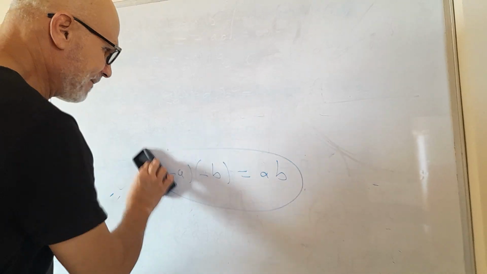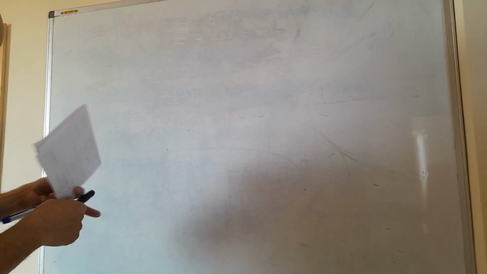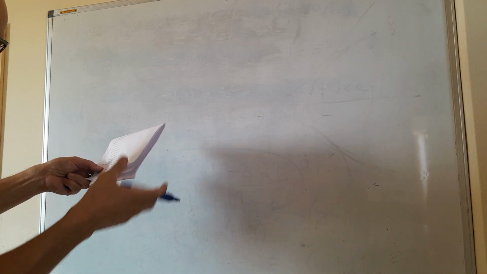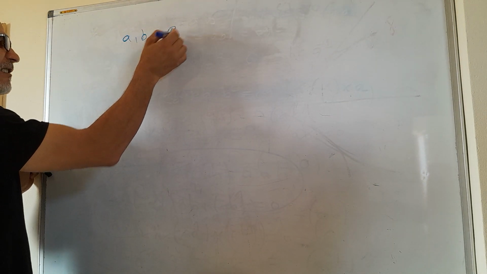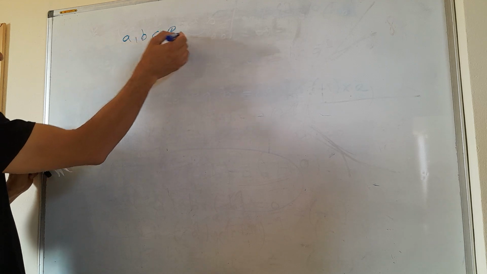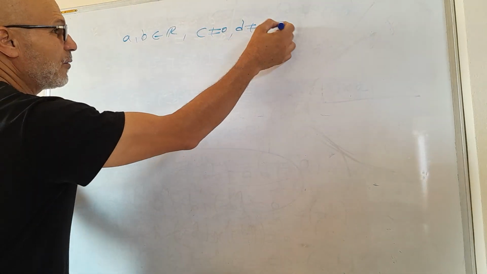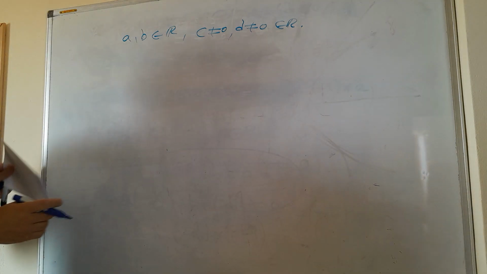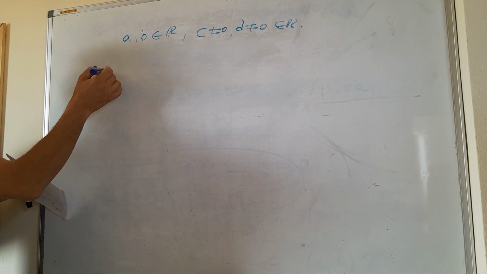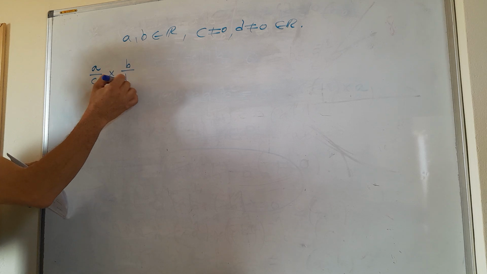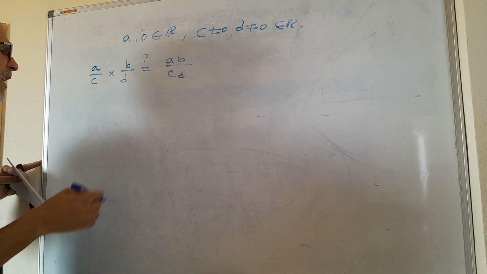The next one: how can we prove that, for a and b from R, c from R, c different from 0, and d different from 0 for sure from R, a over c times b over d is equal to ab over cd?